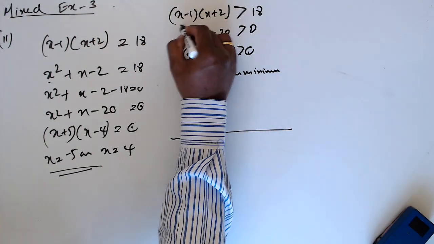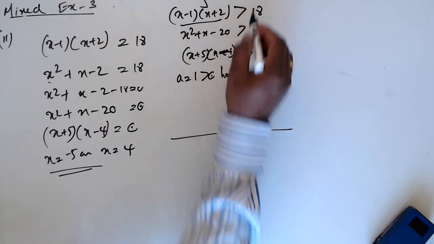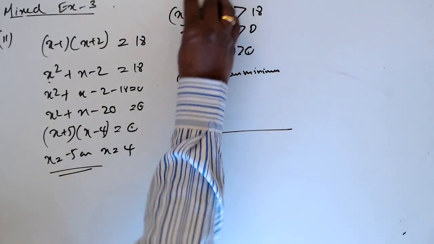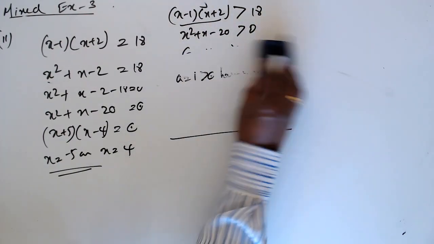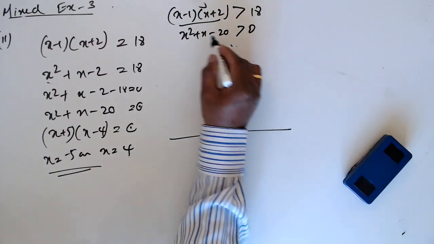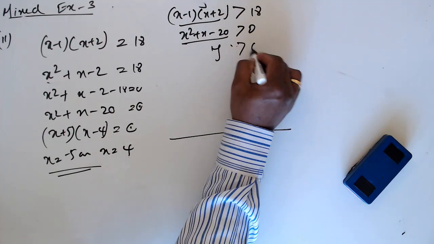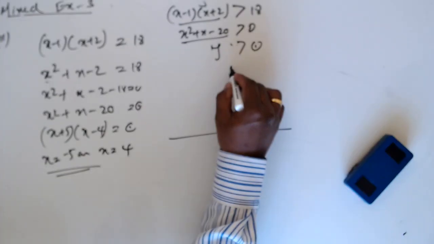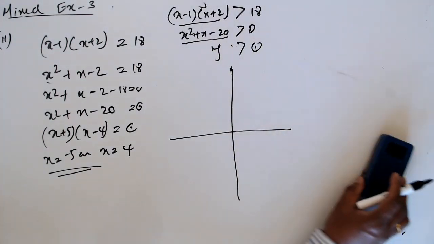Now this is y. This means y greater than 0. So what are the areas where y is greater than 0?